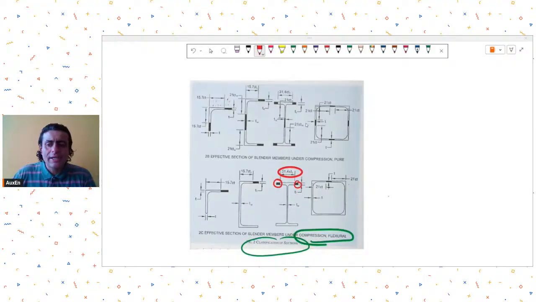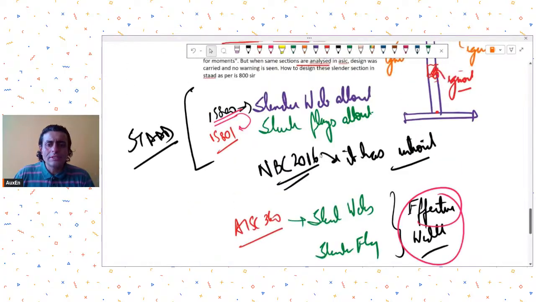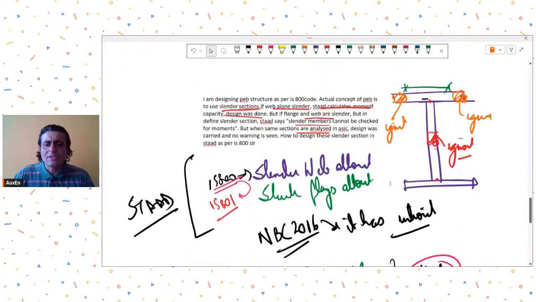Having said that, what I will recommend is not to go for very slender flanges. What our IS code limits for slenderness are enough. Do not try to go for slender flanges, because in India we have all the other issues with quality control and on-site erection, installation, etc. Even if you go for this effective width method, it just gives you a 6-7-8% improvement.